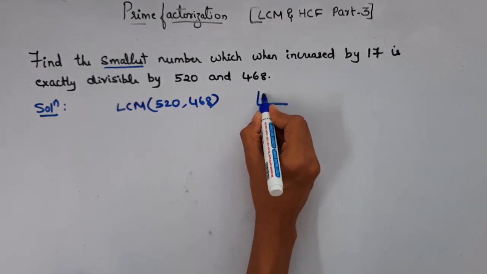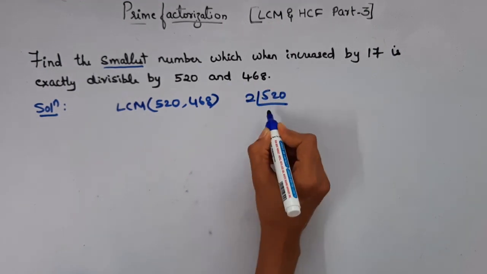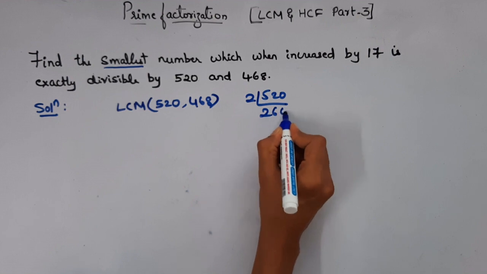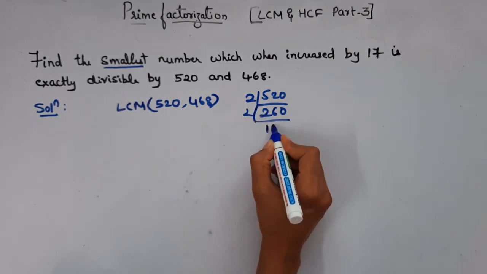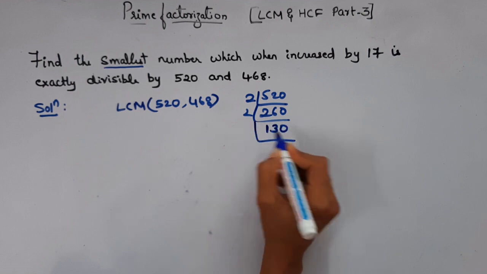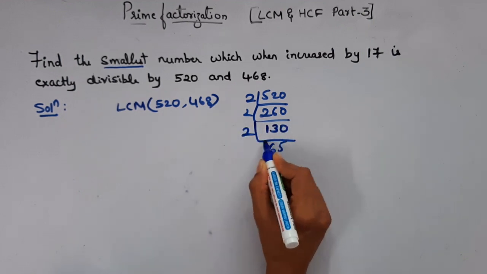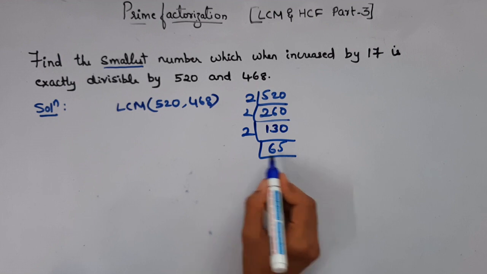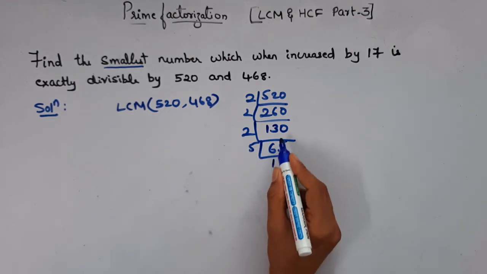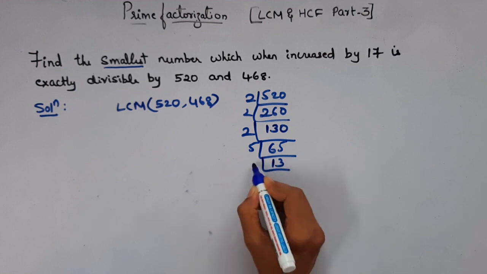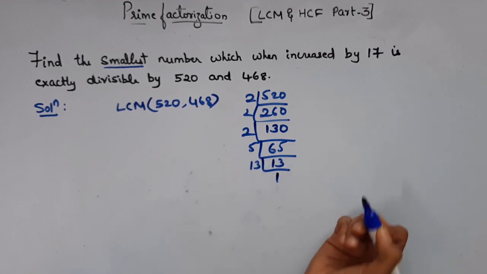So by prime factorization, 520: 2 2s are 4, 2 6s are 12, 2 1s are 2, 2 3s are 6, 2 6s are 12, 2 5s are 10, so 5, 5 1s are 5, 5 3s are 15, so 13 is a prime number, so 13 1s are 13.